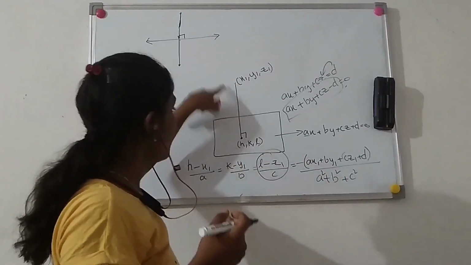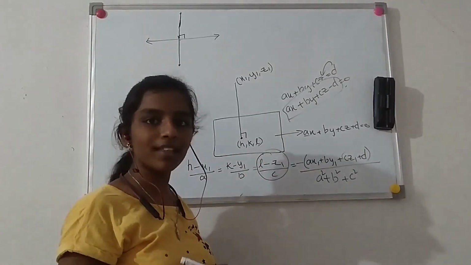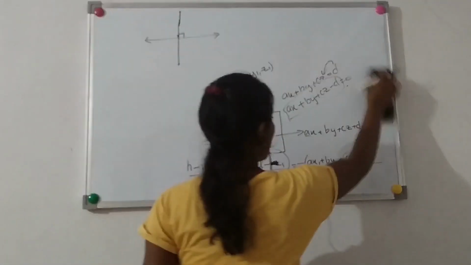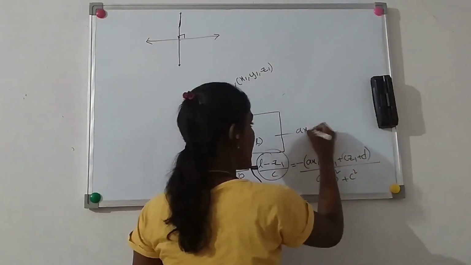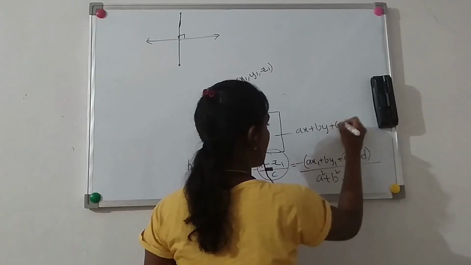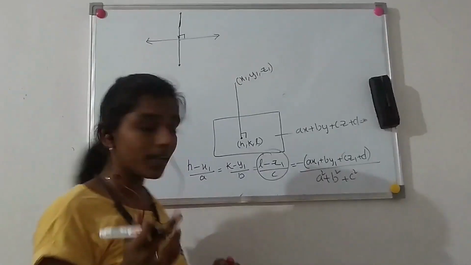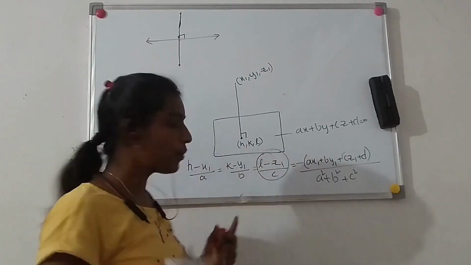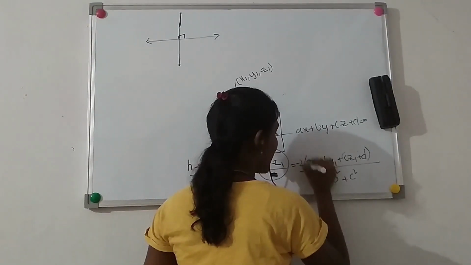In the same way for the plane also. Then what will be the formula for that? You will write the same formula over here, with the same plane equation, ax plus by plus cz plus d equals to 0. And what will be the change? Even in 2D geometry, what will you do? You will just put 2 over here, right?